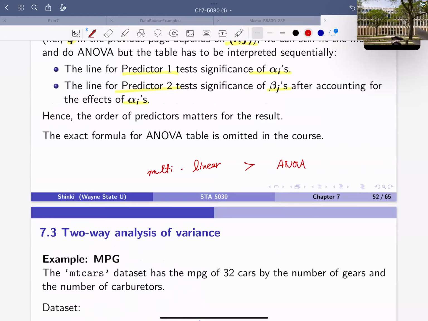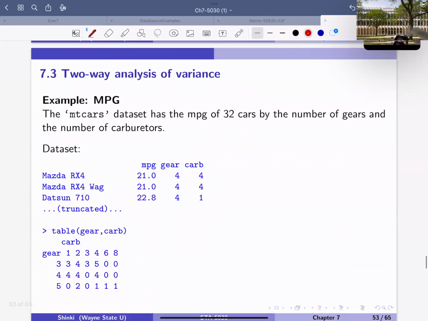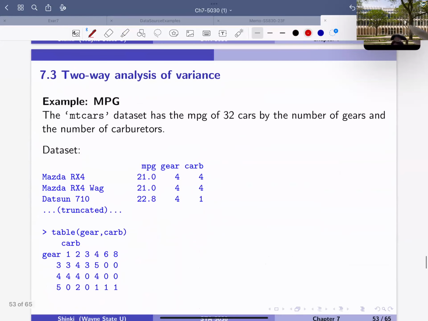So if we just develop the very general theory for multiple linear regression, then actually it includes all ANOVA analysis. So for complicated cases where we don't really define SSD or something, we directly use the more general result to define this ANOVA table. Okay, but still we do some examples.